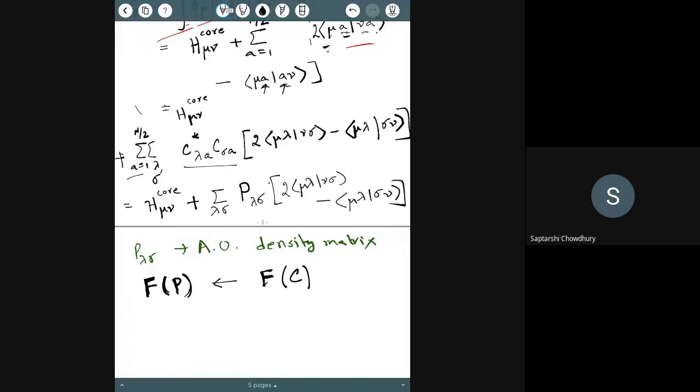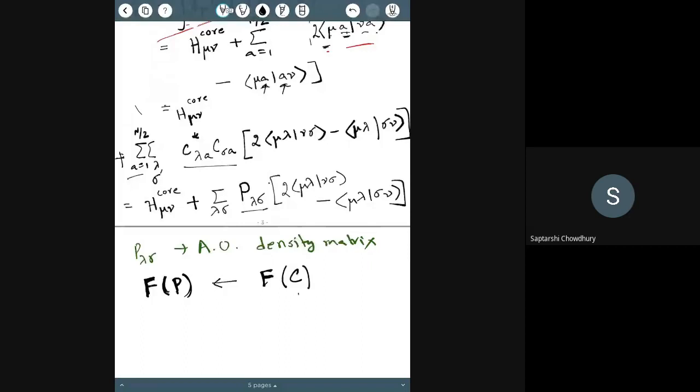When we take the matrix of this Fock operator, it can be reduced to something that depends on a different quantity, which is formed from C, of course. It is equivalent. We say that the Fock matrix depends on the atomic orbital density matrix, to compute which you need to know C.